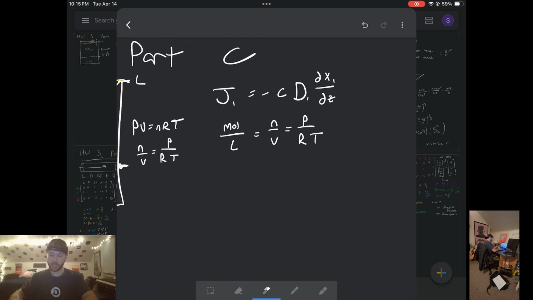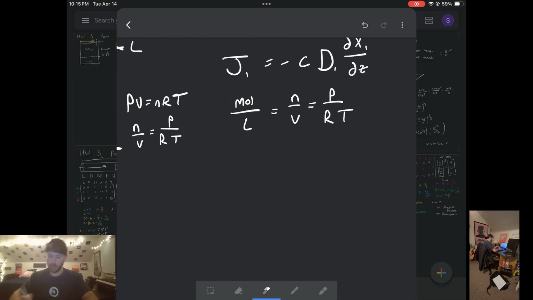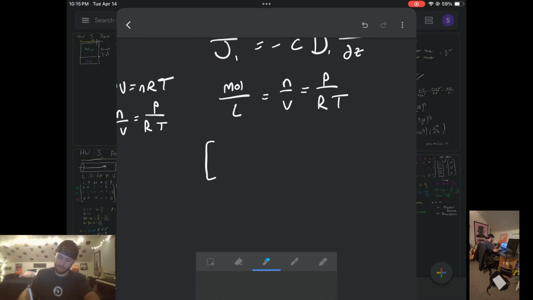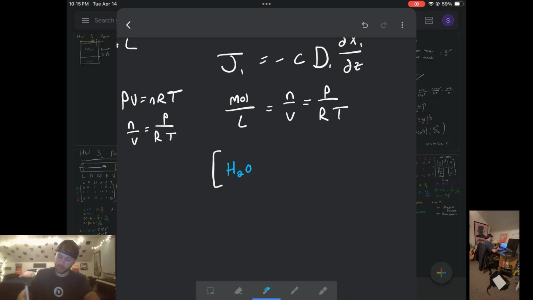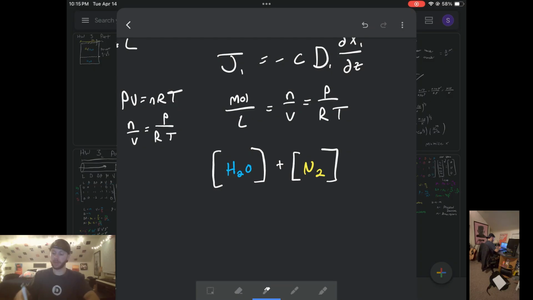This concentration represents a total concentration, and we can find this value by adding the concentration of our water vapor with our nitrogen in our binary mixture, which will be our total concentration.